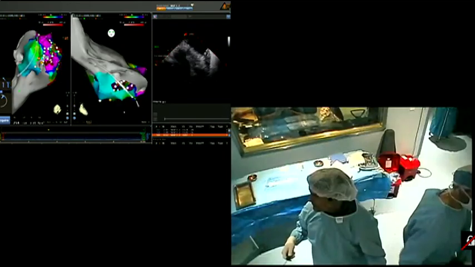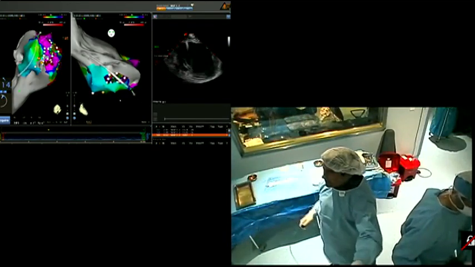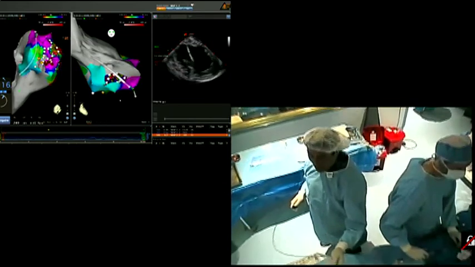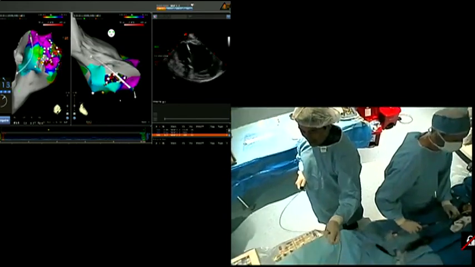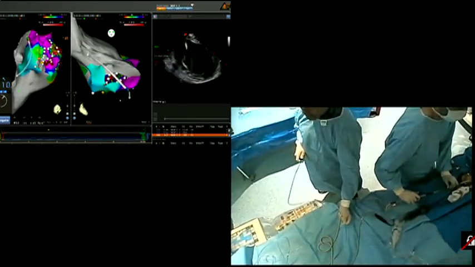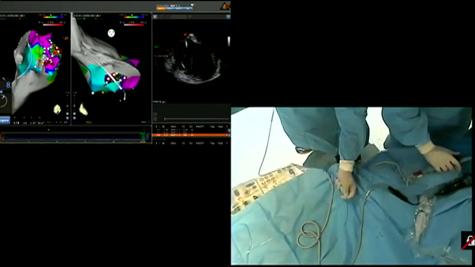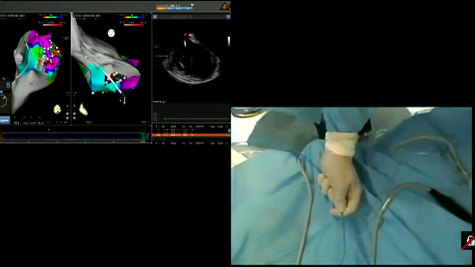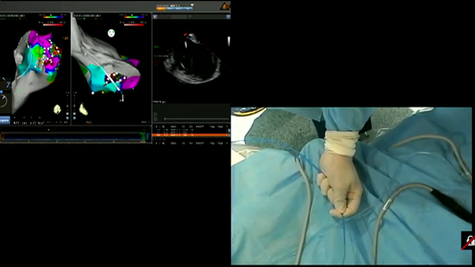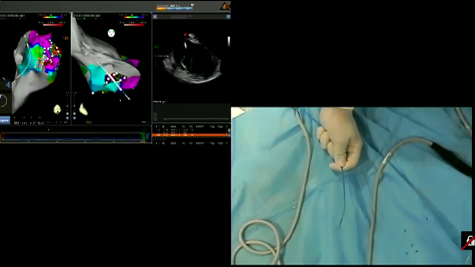The Panarex camera to show the catheter at the feet of the patient. You can focus the tip of the catheter. Is that possible to focus on the tip of the catheter? Come closer to the tip of the catheter, please.